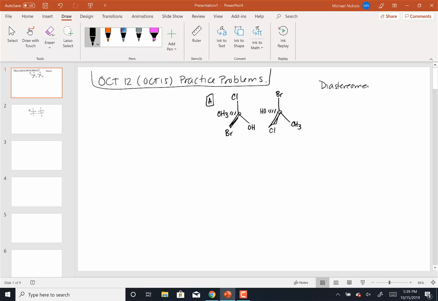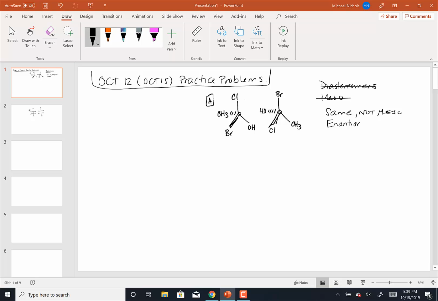You can eliminate that they are diastereomers because diastereomers require at least two chiral centers. And you can also eliminate that this is a meso compound because it also requires two chiral centers. So our choice is that these two molecules are the same but not meso, or they're enantiomers.